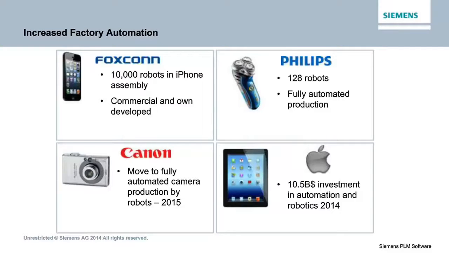They are going to increase the robot fleet and start production in 2016. And lately, Apple declared that they are going to invest about $11 billion in automation and robotics this year and next year, also supporting this trend of getting more and more automation into the shop floor.